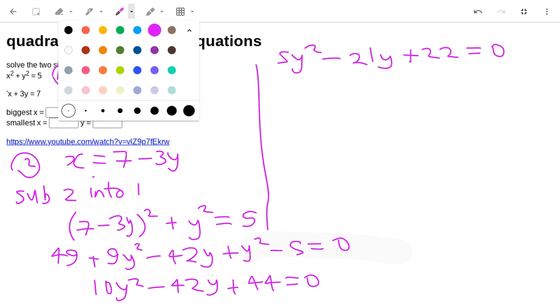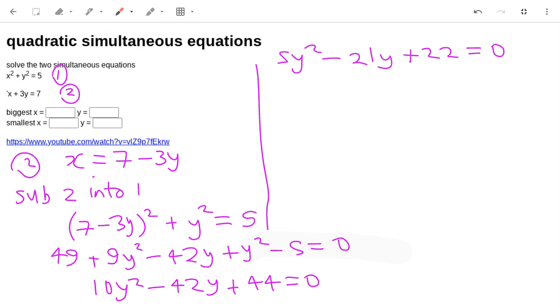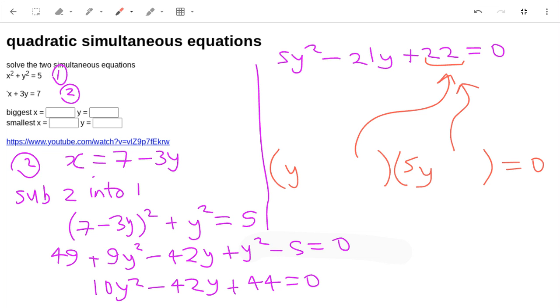Now it looks awful, but let's just try and break it down a little bit. The constant value is the multiple of two numbers in the brackets. So where I have a y something and a 5y times something else, the multiple of these two numbers makes the 22.